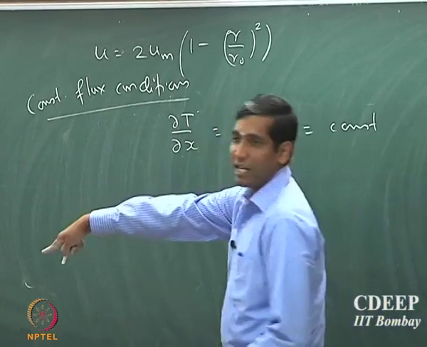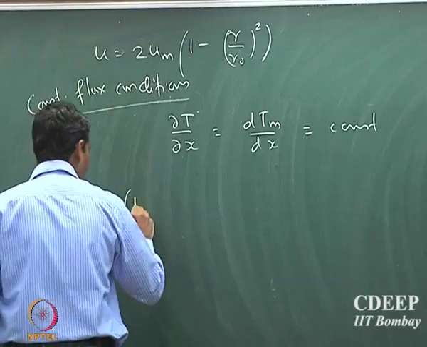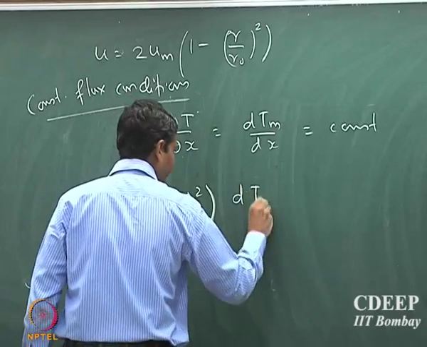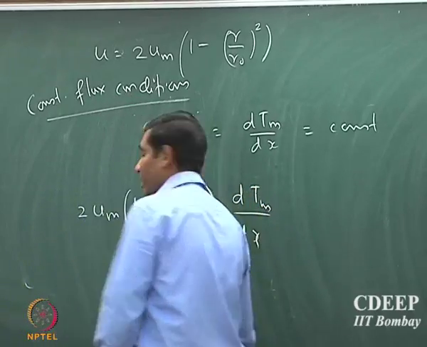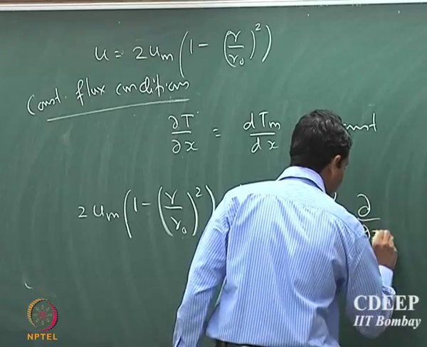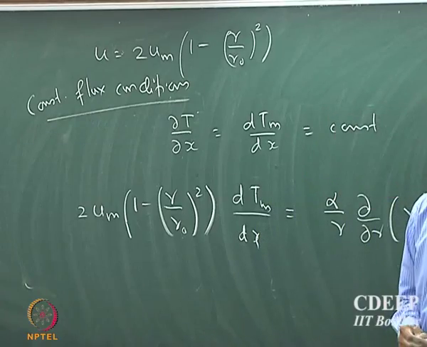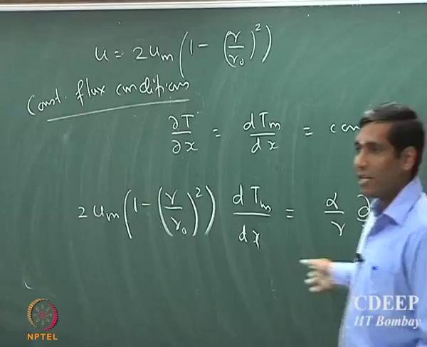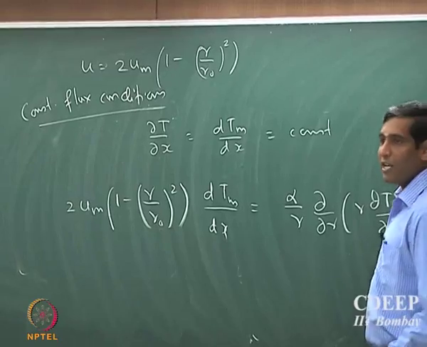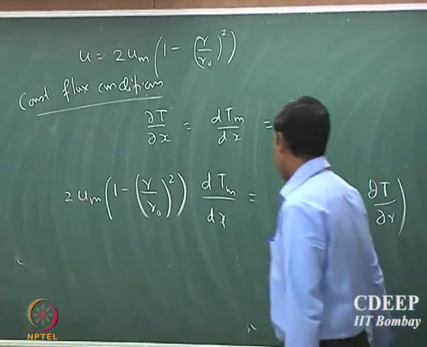Now if we impose that condition, we can rewrite this equation as 2 um times (1 minus (r by r naught) squared) times dTm/dx, which is a constant, equal to alpha by r d/dr of r dT/dr. Simply by using the properties, it has become a solvable equation. It is now only an equation in the r direction, so we can easily solve it.